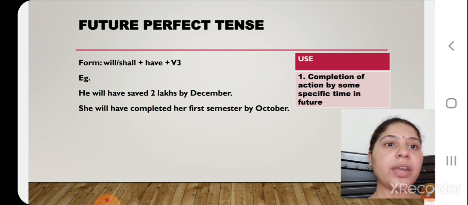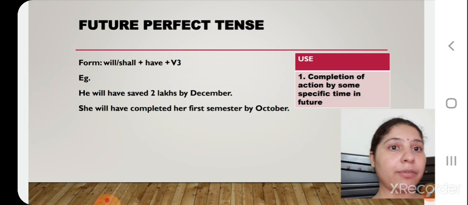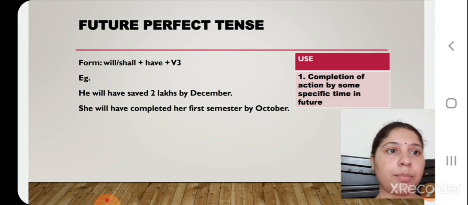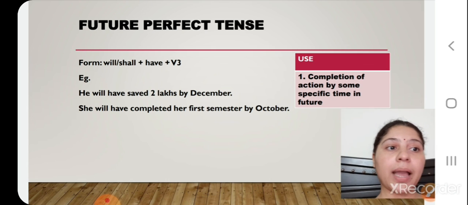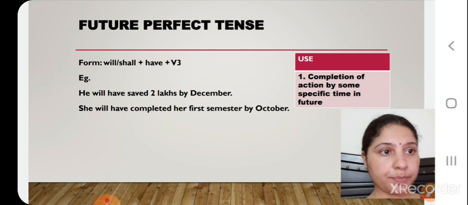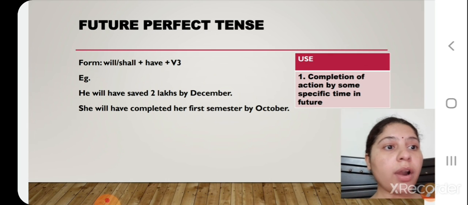So with reference to some specific time in future, like in the first sentence December, in the second sentence October, we are making a prediction that this work will have been completed. So we think that this work will be over by this time in future. So whether this will get over or not, that time will only decide.